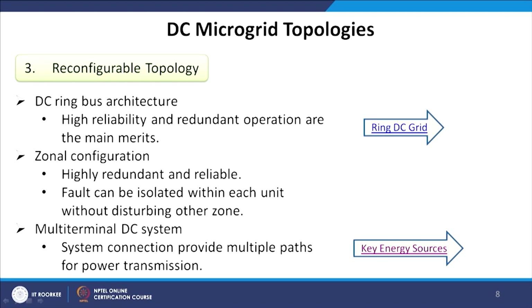Zonal configuration, it is highly redundant and reliable. Fault can be isolated within each unit without disturbing other zones. Multi-terminal DC system, where system connection provides multiple paths for power transmission, and hence in general those three different types of architecture can be adopted for DC microgrid operation.